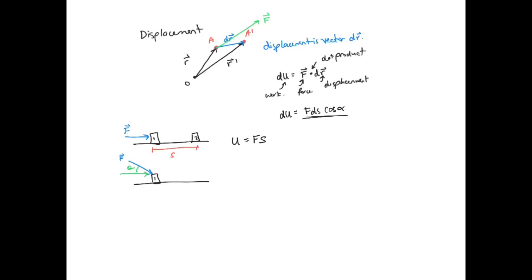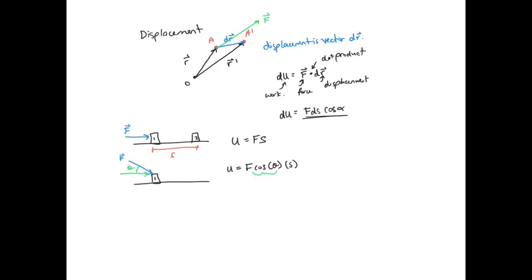So then U is equal to the force cos theta times that distance S. So it's only the component of the force that's going along the path of motion, the line of action, that counts. So that's why we take the cos alpha to figure out which component is moving in the same direction.